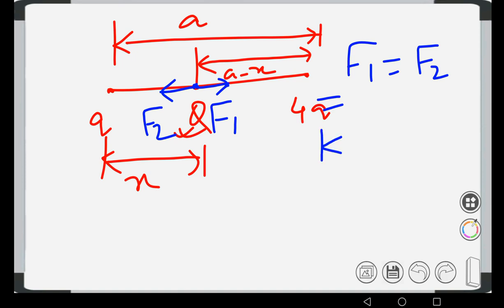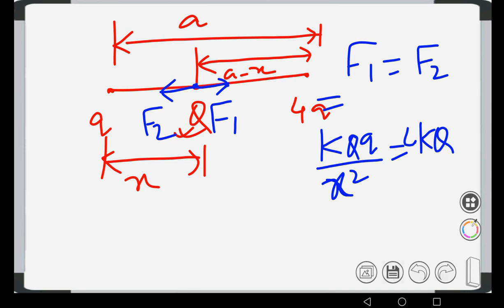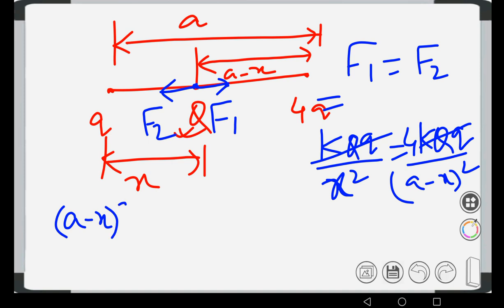F1 can be written as K capital Q small q by x square, and F2 can be written as K capital Q times 4 small q by a minus x whole square. Clearly K capital Q small q cancels out, and we get a minus x whole square equals 4x square.